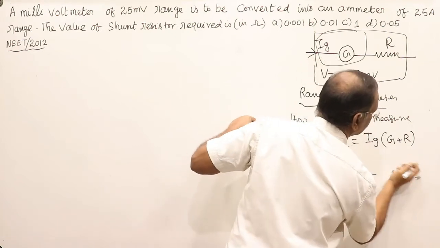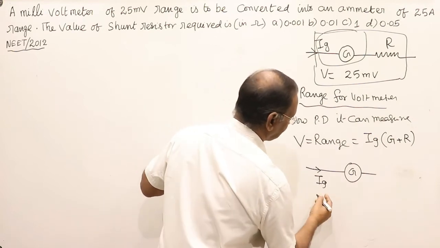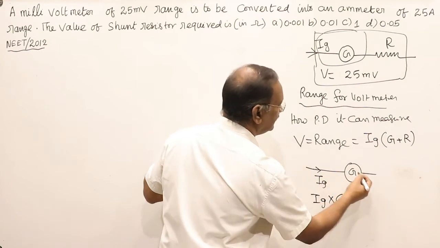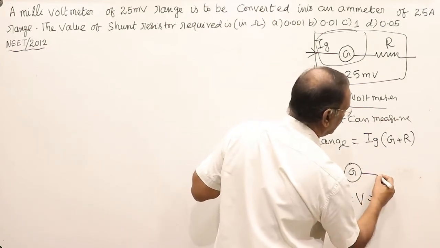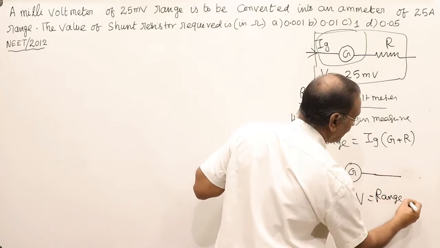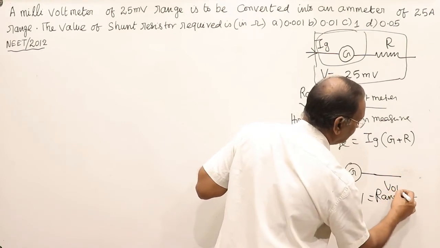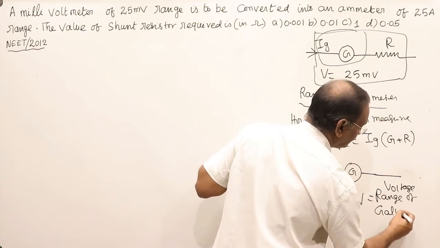We remove this portion, then it becomes a simple galvanometer. So Ig into the galvanometer resistance is equal to V. That is, at the moment this is equal to the voltage range of the galvanometer.